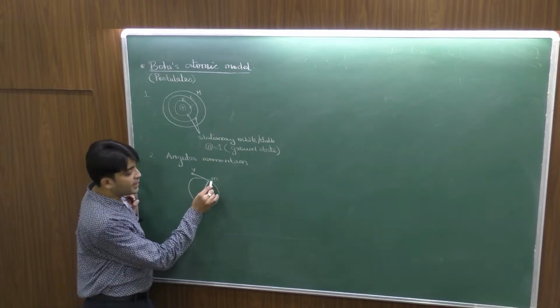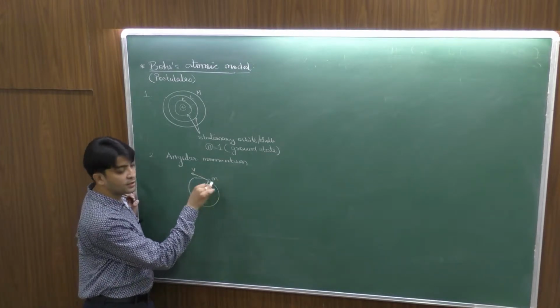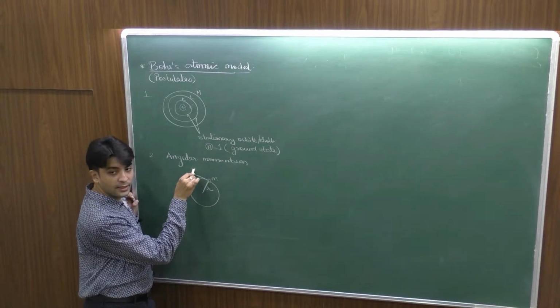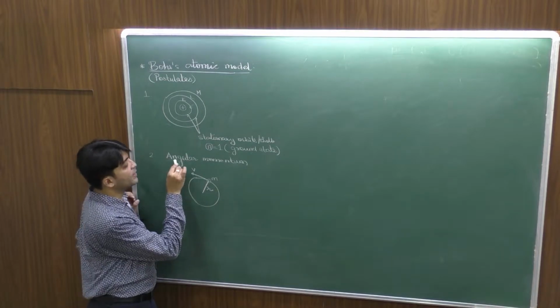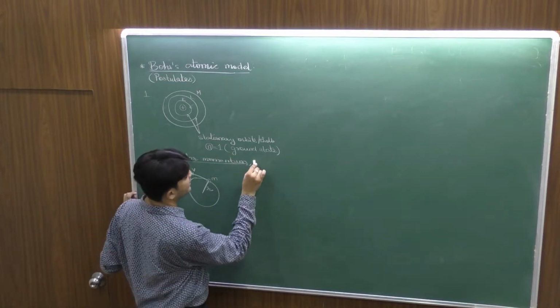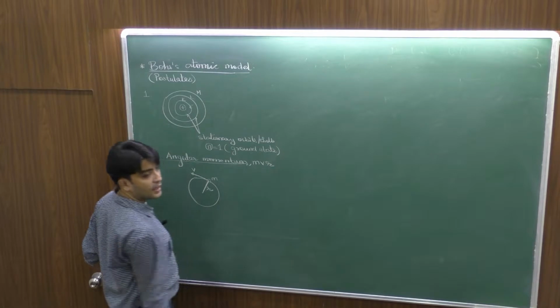An object of mass m revolving in a circular orbit with a velocity v at a distance r from the center, the angular momentum of that object will be m into v into r.